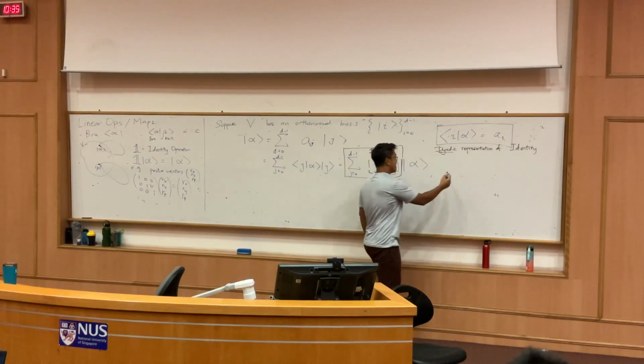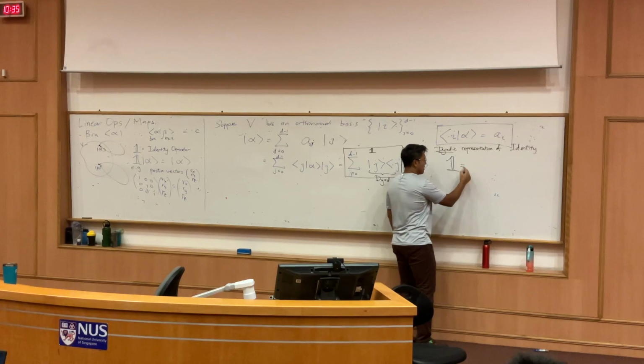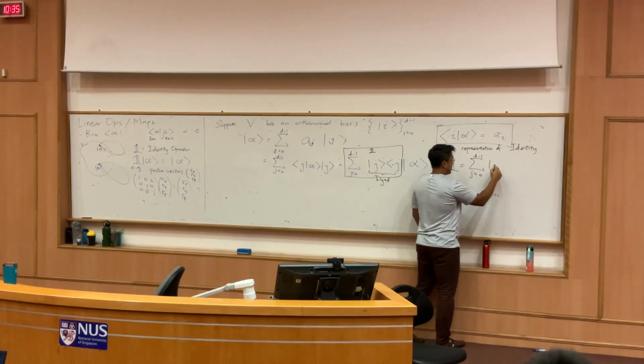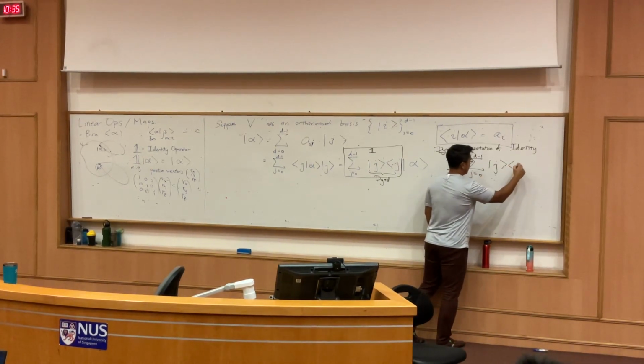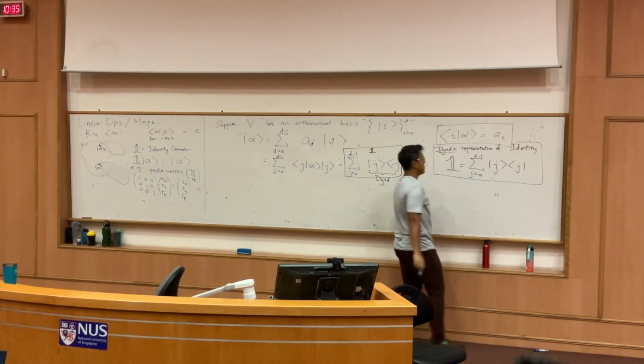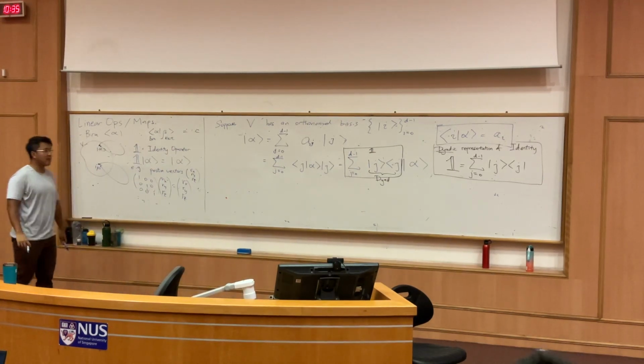And so we have this identity. The identity operator can be written as the sum from j equals 0 to d minus 1 of |j><j|. And this would be exceptionally useful in everything that we will encounter.